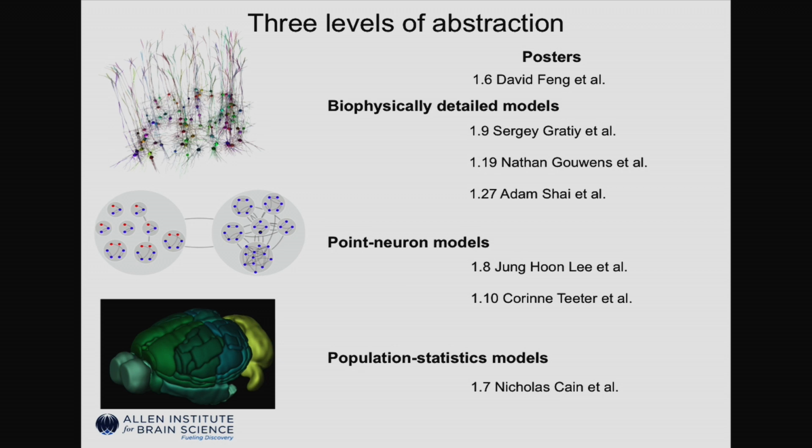We have point neuron models, where we represent neurons as points with certain properties approximating their behavior. And finally, population statistics models, where a population of neurons is described by a single equation, and one can simulate a number of such equations to go up to a whole brain simulation at a very rough level of detail.